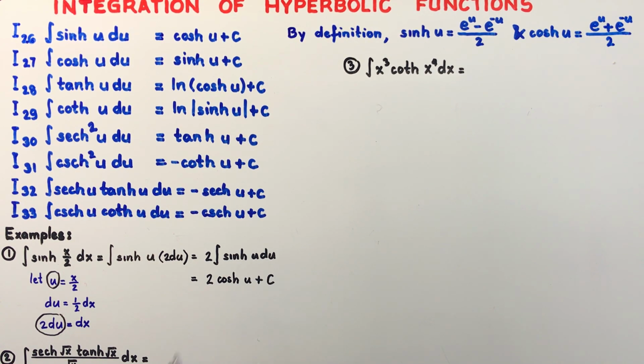And then substituting back our representation of u, which is x over 2, we have 2 times the hyperbolic cosine of x over 2 plus the constant of integration c. So this is now our answer for this example number 1.